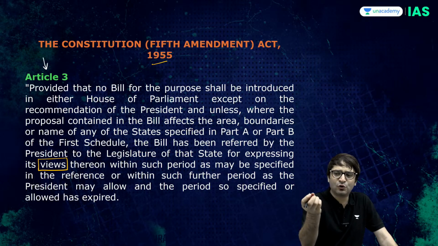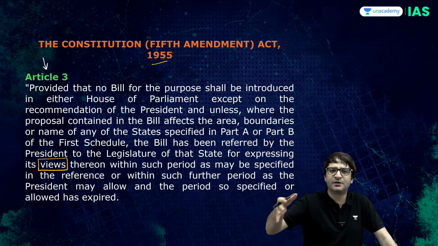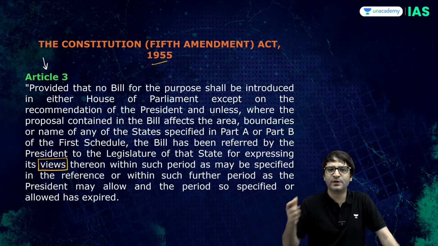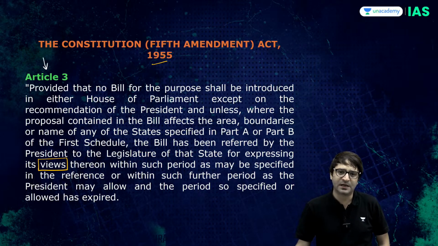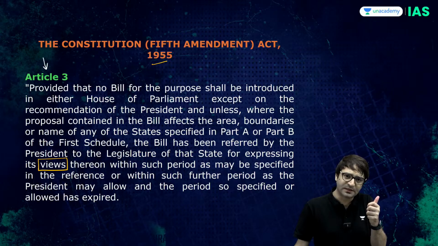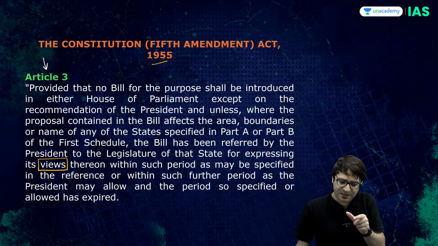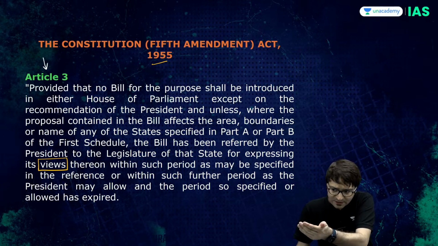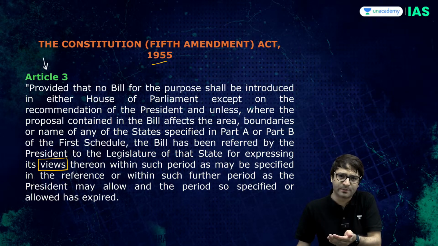Which means if Uttar Pradesh is to be trifurcated tomorrow, split into 3 states, for that a bill is to be introduced in Parliament under Article 3. And such a bill cannot be introduced without the prior consent of the President. The President can give his consent, but before that, the President will have to refer this bill to the UP legislature, asking the views of the state legislature on this matter.